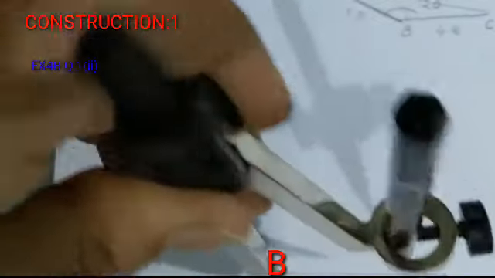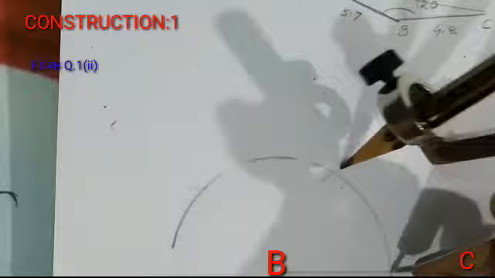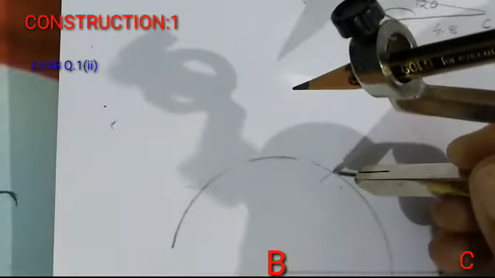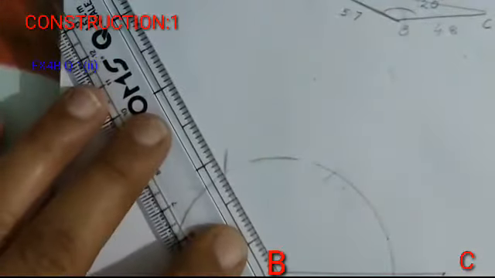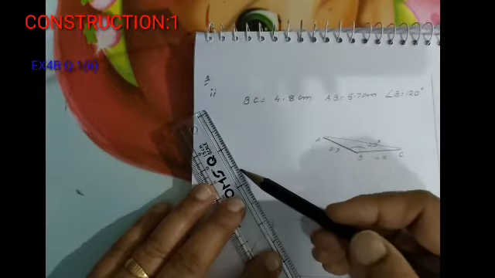So let's proceed. Again, you have learned how to make an angle of 120 degree. From here, 60 plus 60 equals 120 degree. So let's complete this angle of 120 degree. Join to B and extend the line.